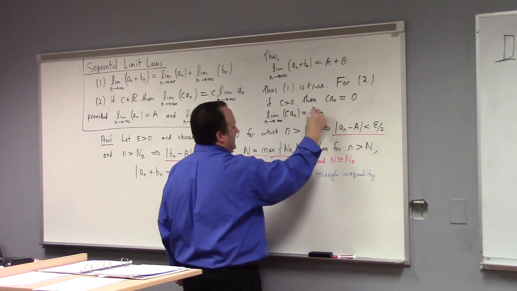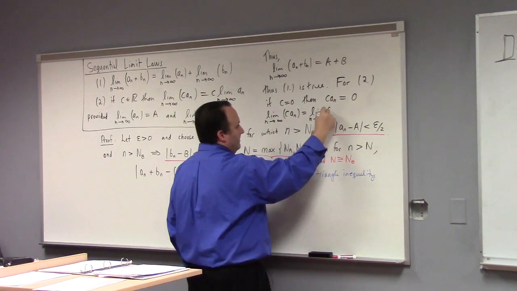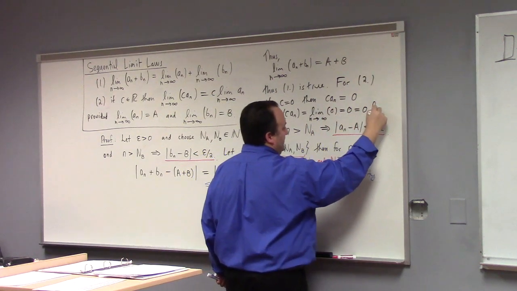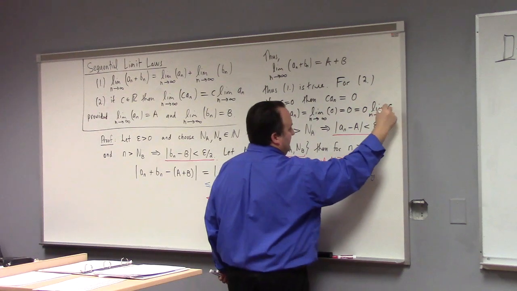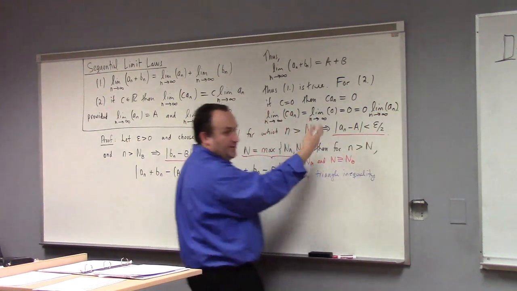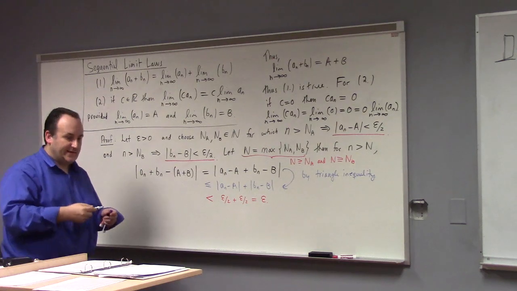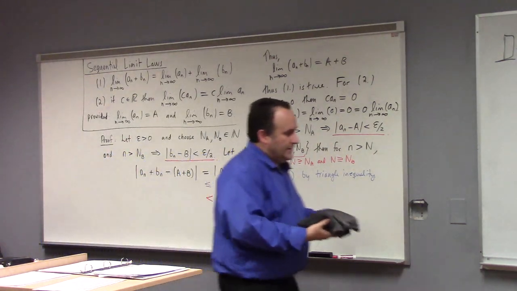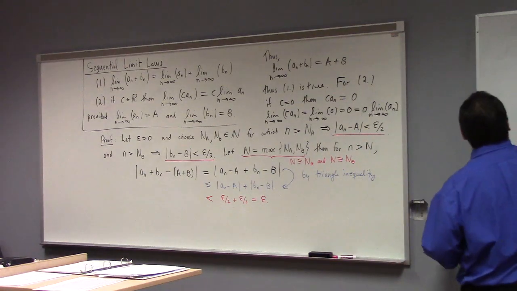And what's the limit of the 0 sequence? It's just 0, right? But that's also equal to 0 times the limit as n goes to infinity of a sub n. So number 2 is true in the case that c is equal to 0.